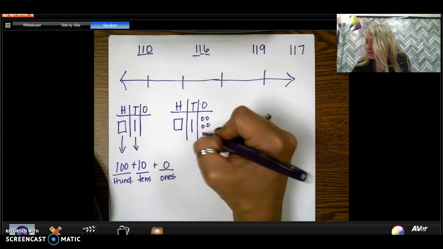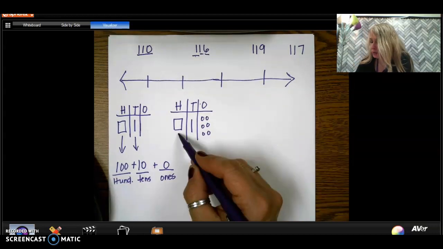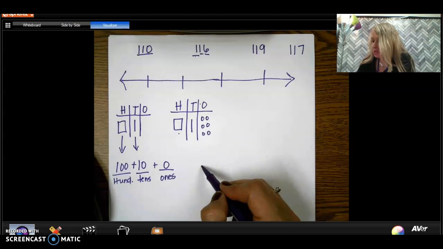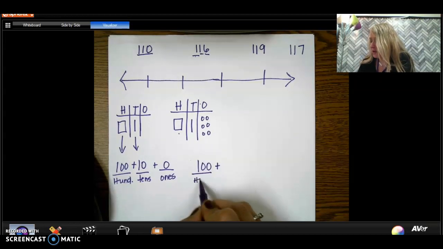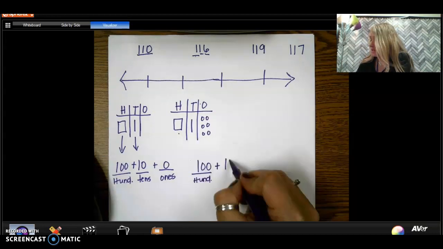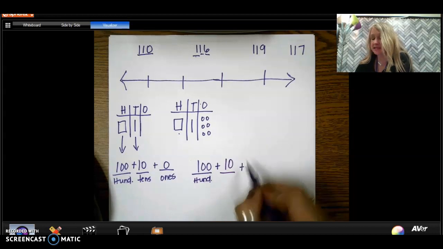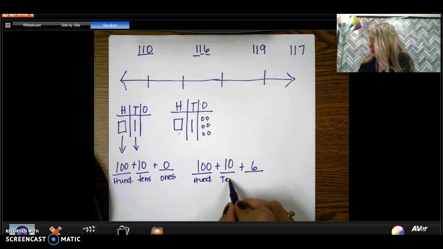So we're going to draw 6 units right there, 6 ones. How much is 100? 100 is worth 100. How much is the ten? 10. How much is 6 ones? It is worth 6. Very good.